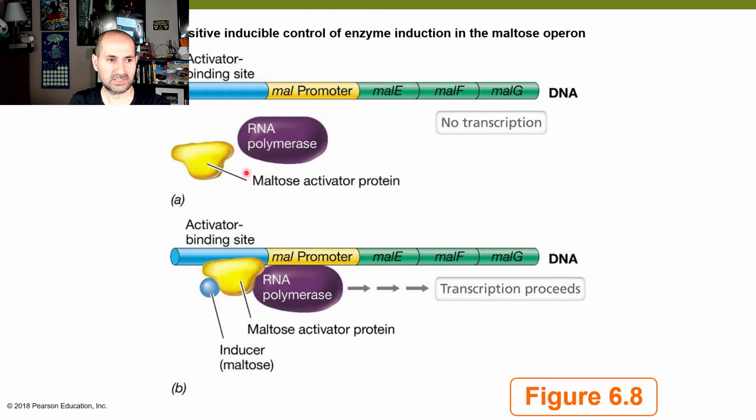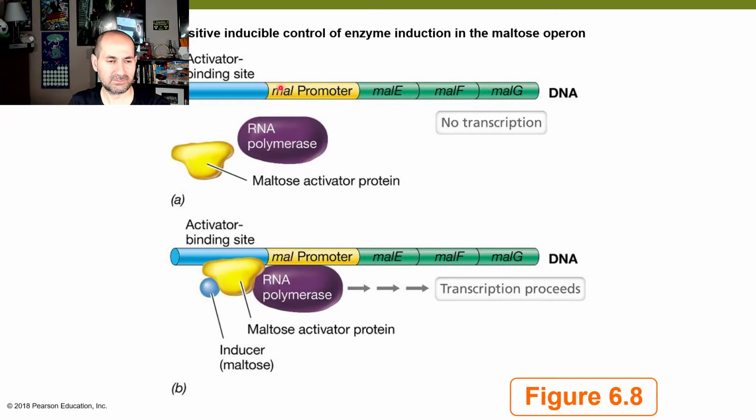Inducible means the gene is normally off. So the activator is normally not functional, it's not active until a molecule, an inducer, is added. The inducer binds to the activator. The activator can now bind to the activator binding site and help activate gene expression by recruiting RNA polymerase.